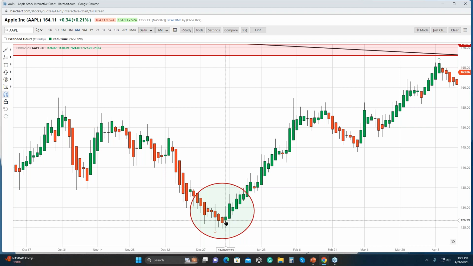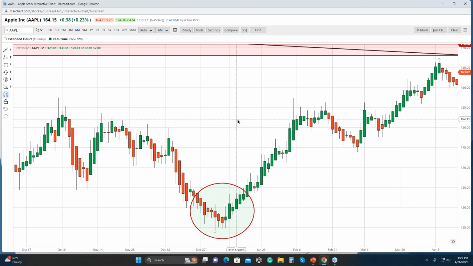Well, we still can't confirm that until we get our up candle, a very distinctive up candle that closes above the last controlling candle, in this case, this doji.